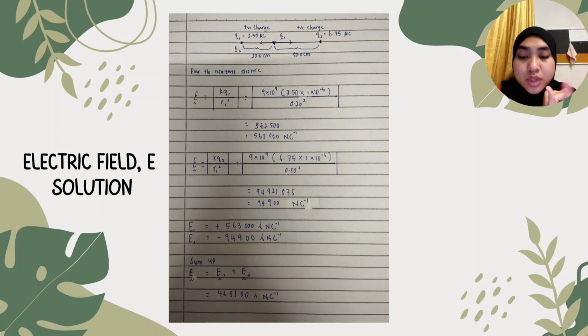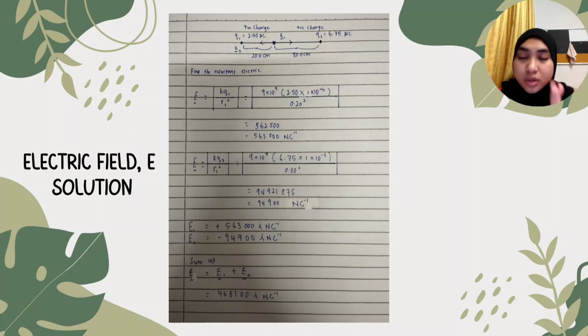And then E2 is equal to negative 94,900 i newton coulomb to the power of negative 1. Why here? Because Q2 is directed towards the left. Then Q1 follows the positive direction, that's why it stays positive.